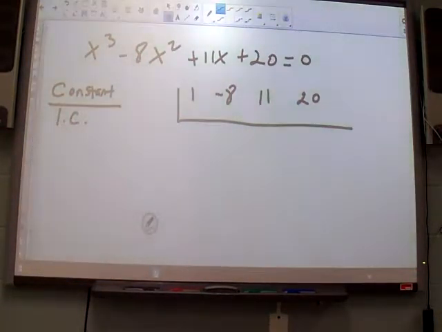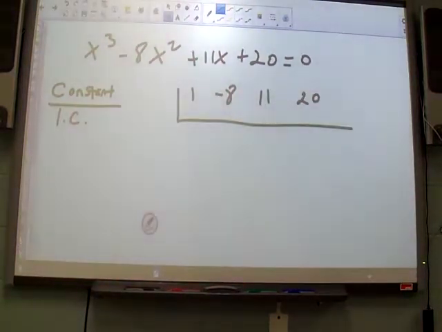Alright, this is my least favorite part of this whole big unit. This is trial and error with all of these combinations. So 1 over 1, a positive 1 could work or a negative 1 could work. 2 over 1, a positive 2 or a negative 2. 4 over 1, 5 over 1, 10 over 1, and 20 over 1.